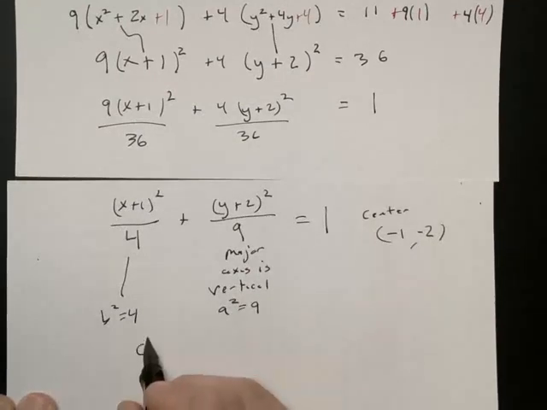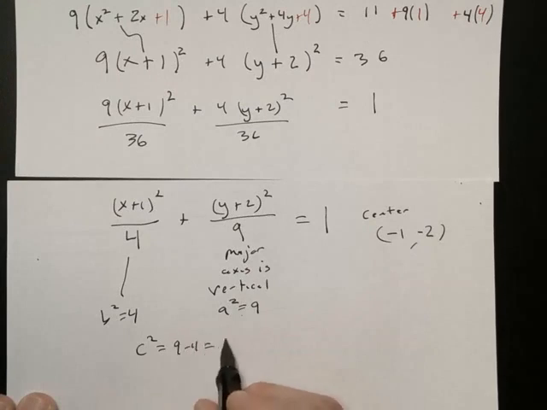Well, wait a minute, what's c squared? C squared is a squared minus b squared. That's 5. You can now tell me, where are the vertices? Where are the minor axis points? Where are the foci? You have all the numbers. All you have to do is adjust your center. If I want the vertices, I need to go up or down.